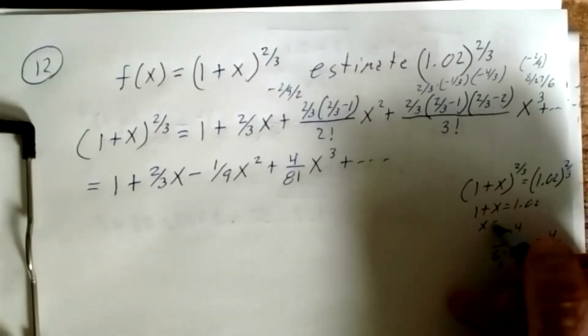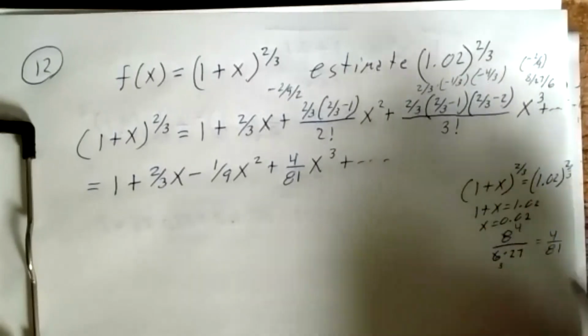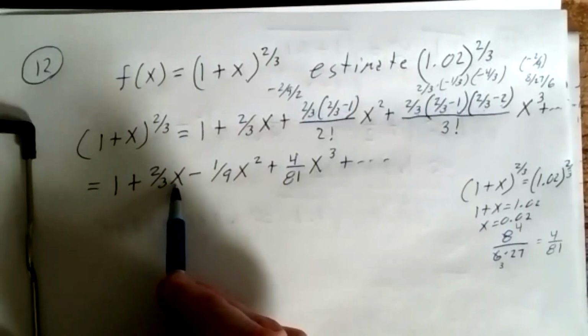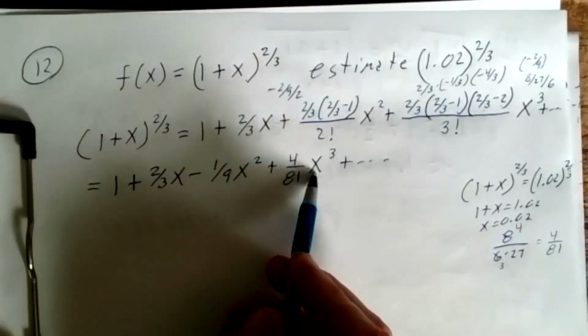Which means x has to be equal to 0.02. So therefore, we're going to put 0.02 in for x here, here, and here.